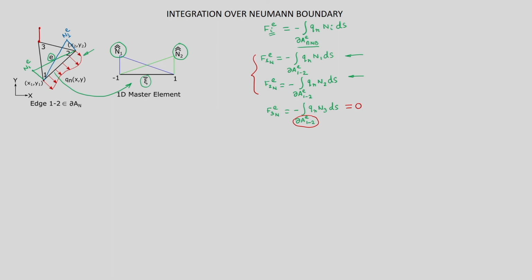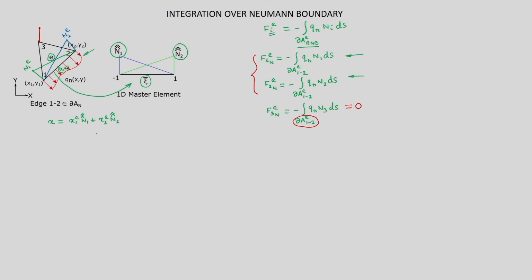Fine. So, now let us use the map that you have already used in 1-dimensional problems. We say the coordinate at any point on the side is x, y. So, x along 1 2 is equal to x1E times N1 double hat plus x2E times N2 double hat. N1 and N2 double hat are used to distinguish them from the corresponding shape functions in the master element in the case of 2D.